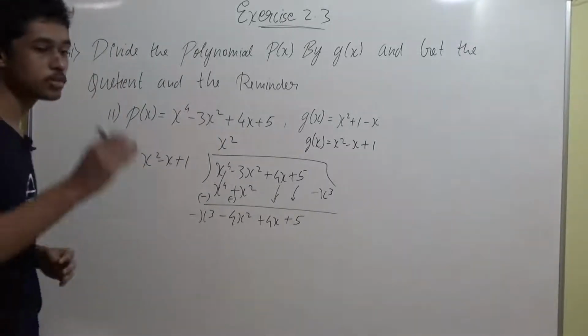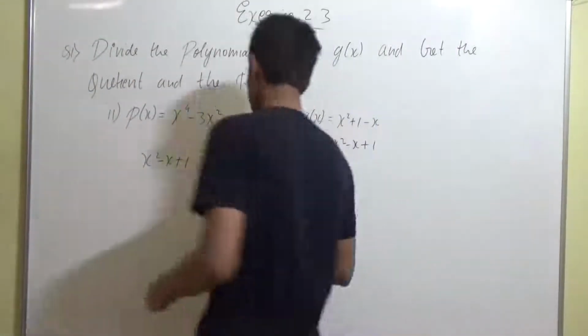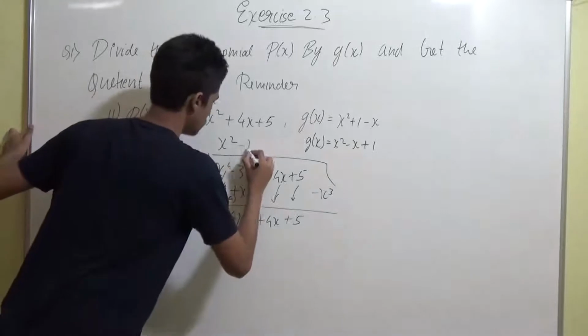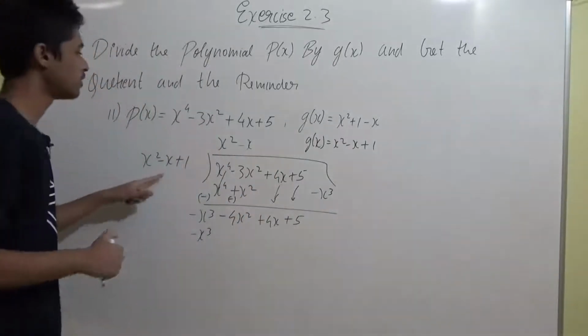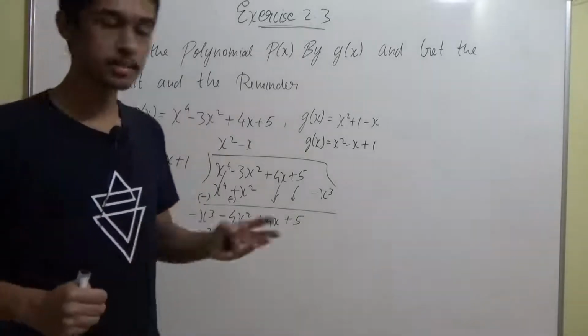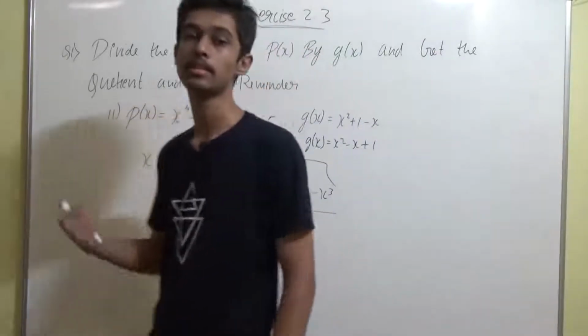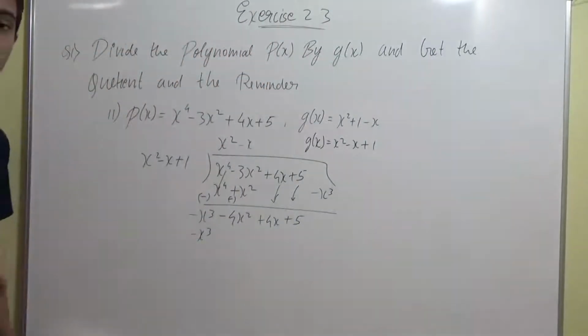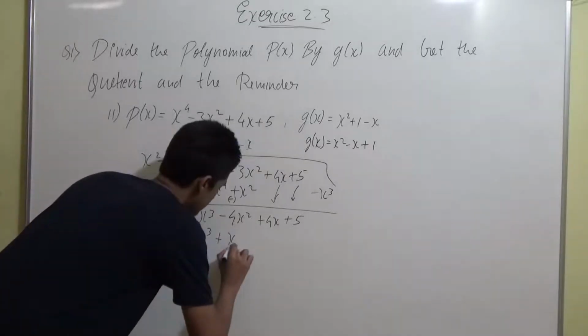So it is minus x, because minus x into x is going to give us minus x cube. And now minus x, the second term, multiplied with the second term of the quotient, becomes minus into minus, plus, so it becomes plus x square.